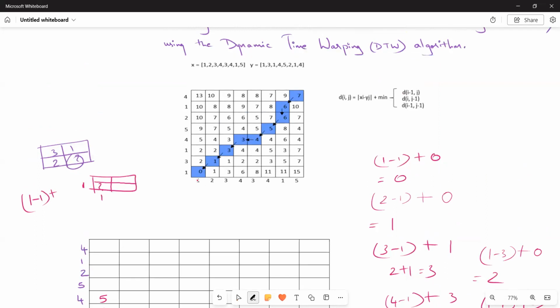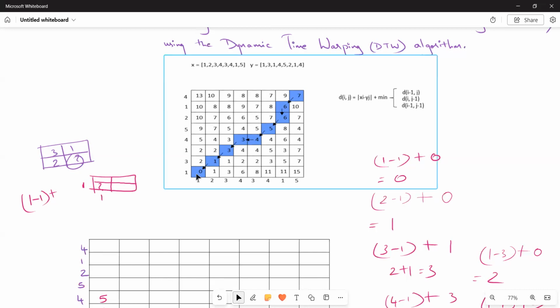Okay, now after your table is filled, what are we going to do? We are supposed to find your warping path. So how does that happen? We started with the first place, and now when we do the calculation, we are going to start from the last one. Okay, so here your number is 7, right?